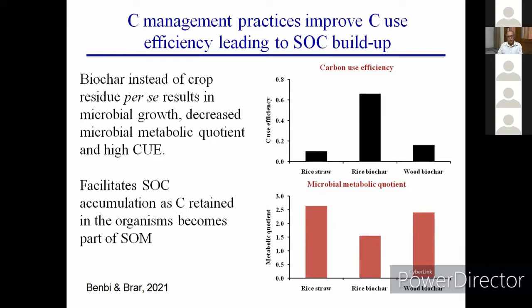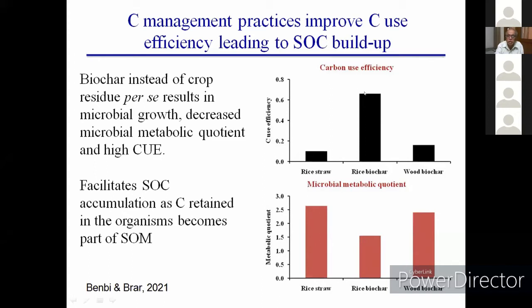Now, when you compare application of rice residue with rice biochar, on the y-axis I've shown carbon use efficiency. This is rice straw, this is rice biochar. When you convert the same amount of rice straw to rice biochar and add it to the field, you see carbon use efficiency goes up enormously. You are working with something like about 0.15 of carbon use efficiency for straw, and you have about 0.6, 0.67 for biochar.